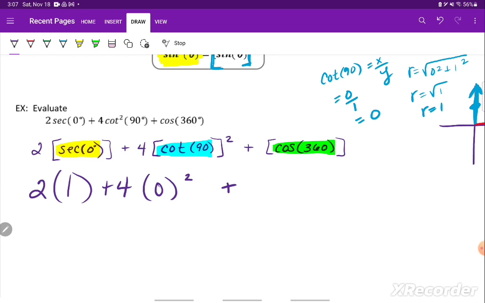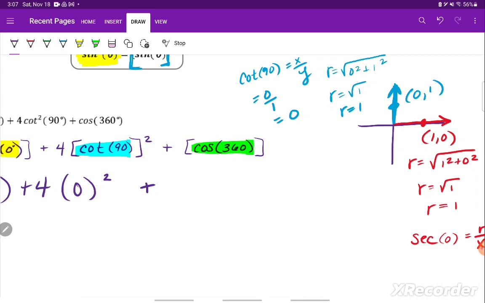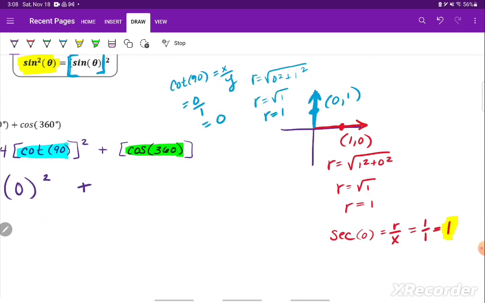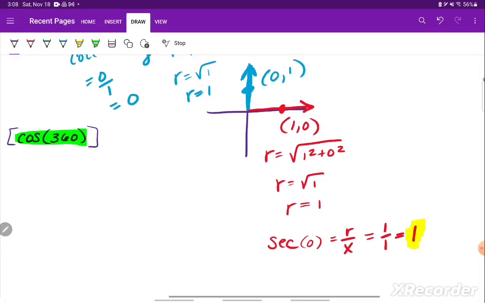Last but not least, I need to find cosine of 360. Well, 360, that's the same place as 0. So I can use the ordered pair (1, 0), and we already found that r is equal to 1.